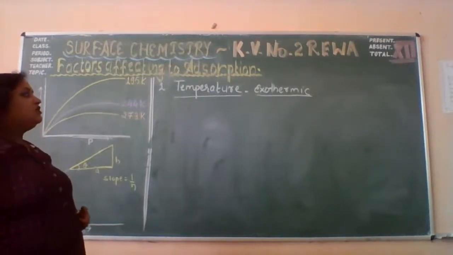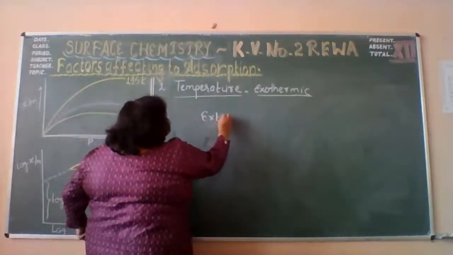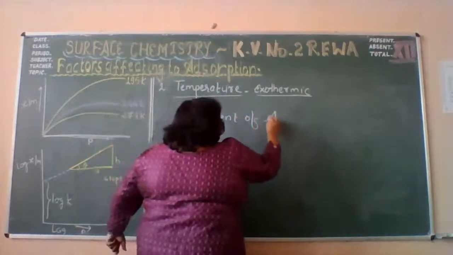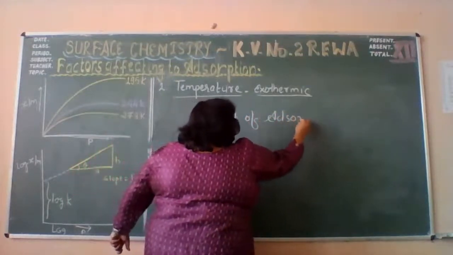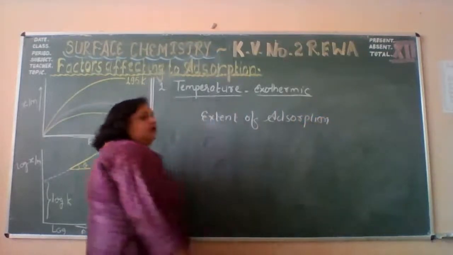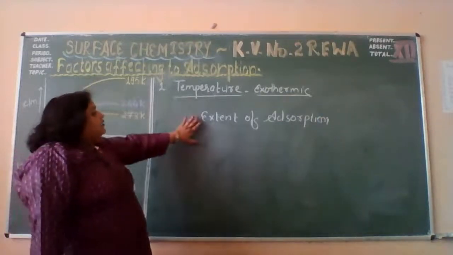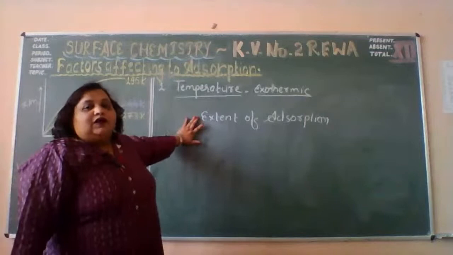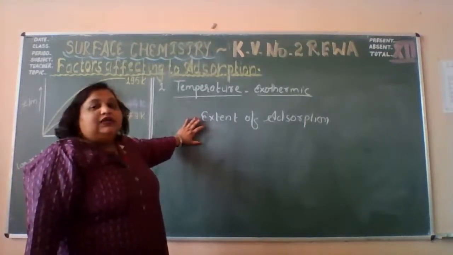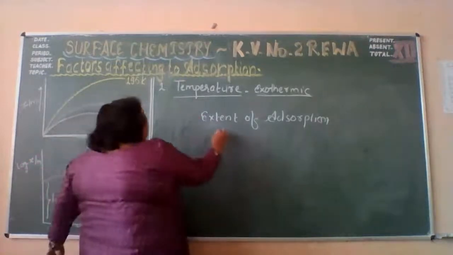What do you mean by this word? The one term I'm using here is the extent of adsorption. What is its meaning? Again, it is one standard parameter. How much adsorbate is adsorbed by any adsorbent surface, right?